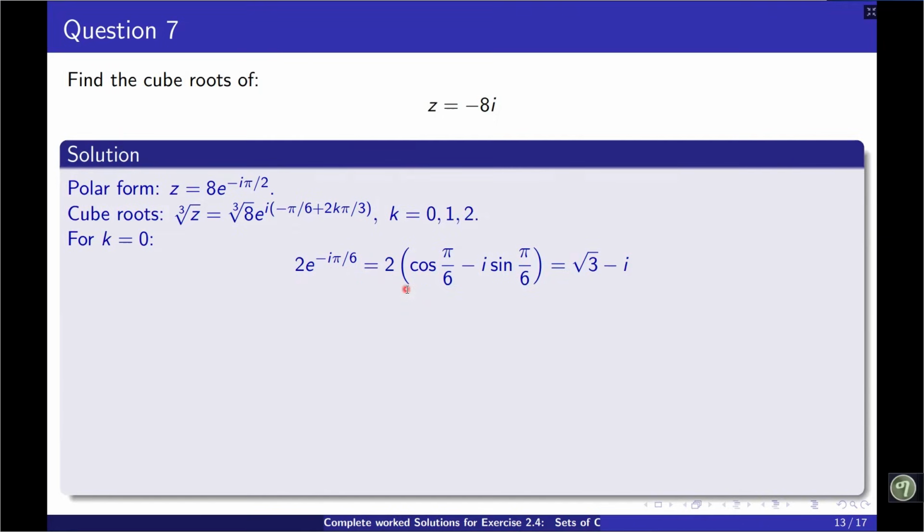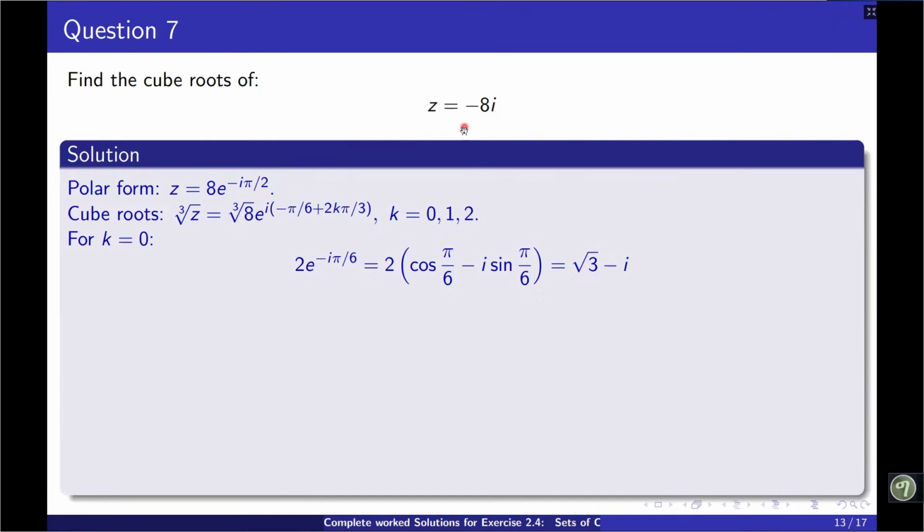That is equivalent to 2 times cosine of pi over 6 minus i times sine of pi over 6. Cosine of pi over 6 is radical 3 over 2, and sine of pi over 6 is 1 over 2, so we are left with radical 3 minus i. So this could be the first possible cube root of this complex number.